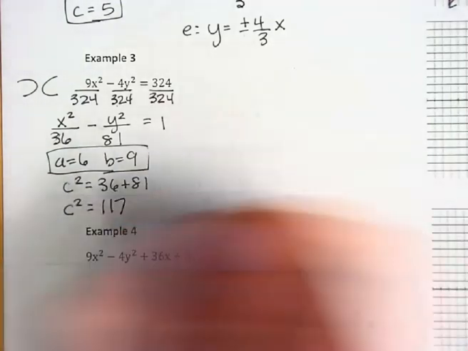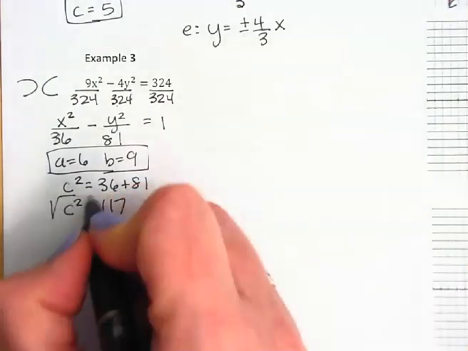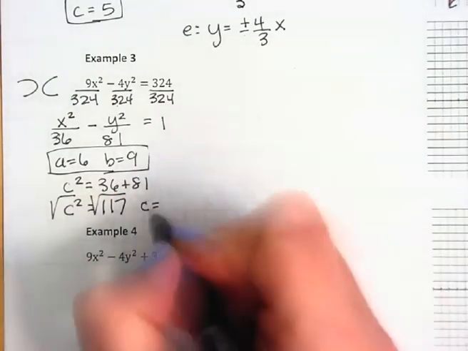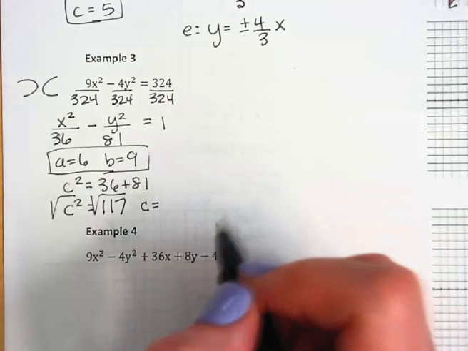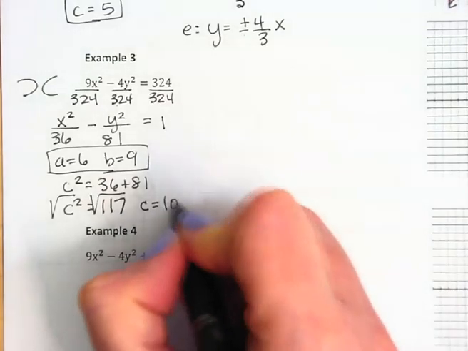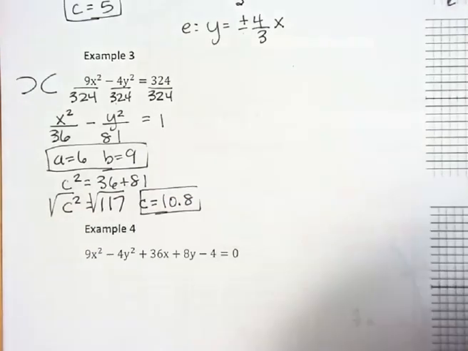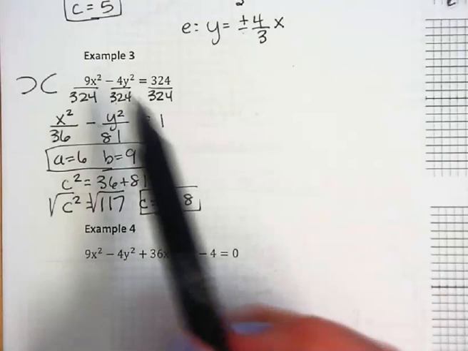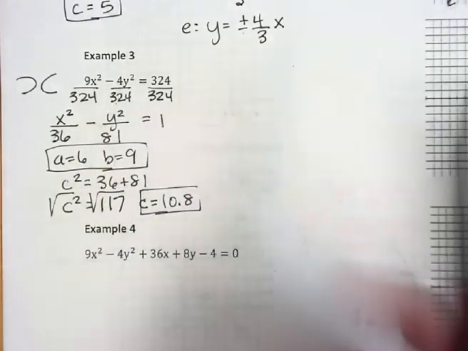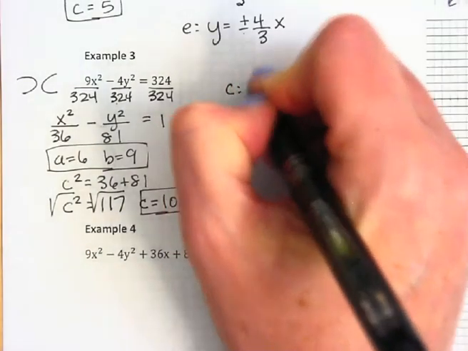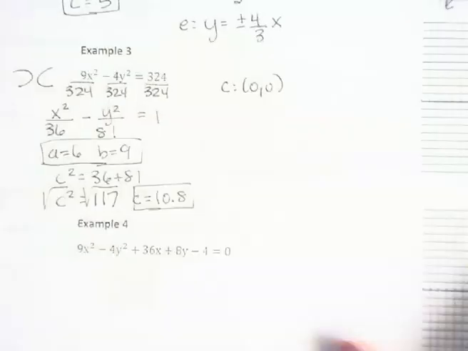Then we square root both sides, and c is the square root of 117, approximately 10.8. So we'll use 10.8 so we can count on our grid. All right, so there's still no h or k value, so my center is 0, 0. So I'm going to graph that.